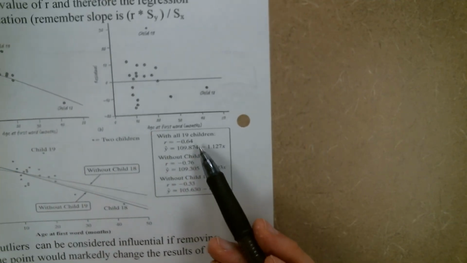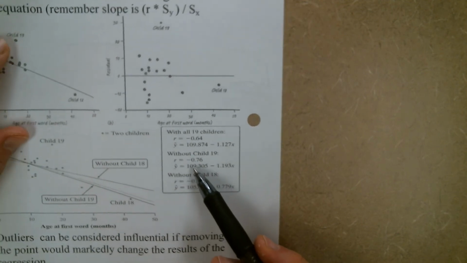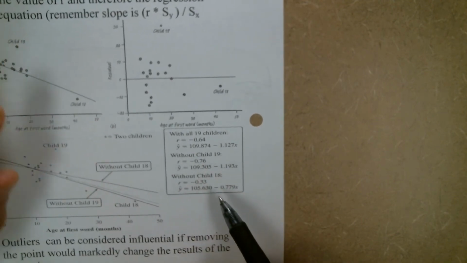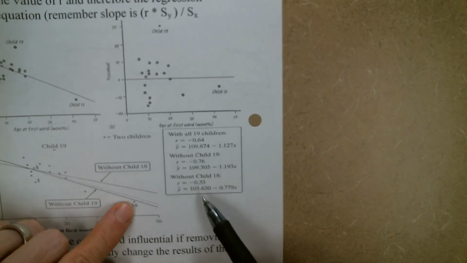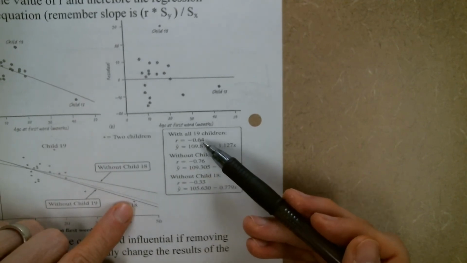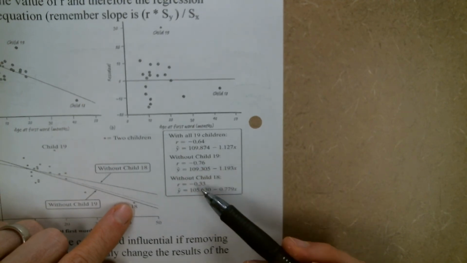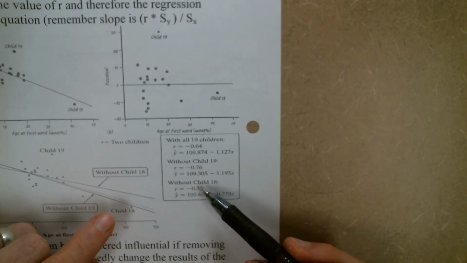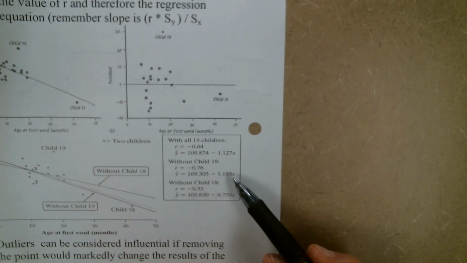So this is when all 19 children were involved. This is without child 19, so this one right here. And this is without child 18, so this one over here. And it's just showing you can see a pretty wide swing in the correlations, negative 0.64, negative 0.76, negative 0.33. And the equations themselves change quite a bit too with the slopes and everything else.